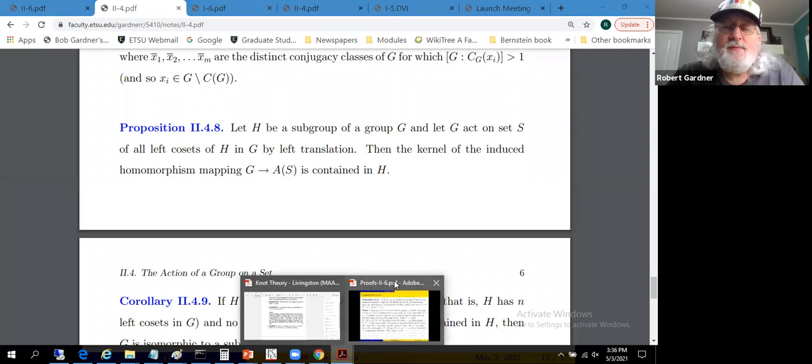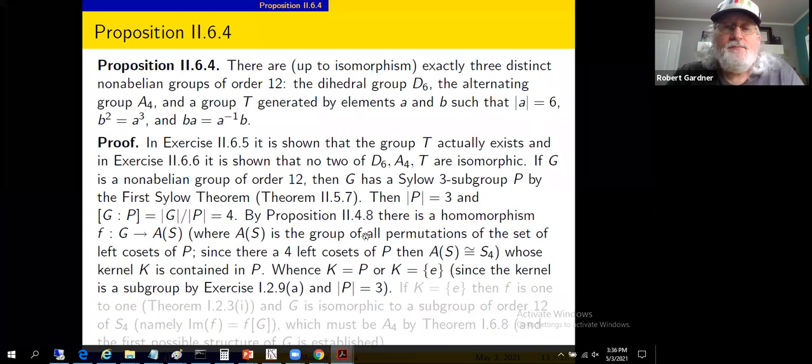Back to the proof. The homomorphism maps G into A(S), and A(S) is as described. The kernel of that mapping, let's call it K, must be contained in P. So this is exactly what we had in the proposition, except the letters are different.